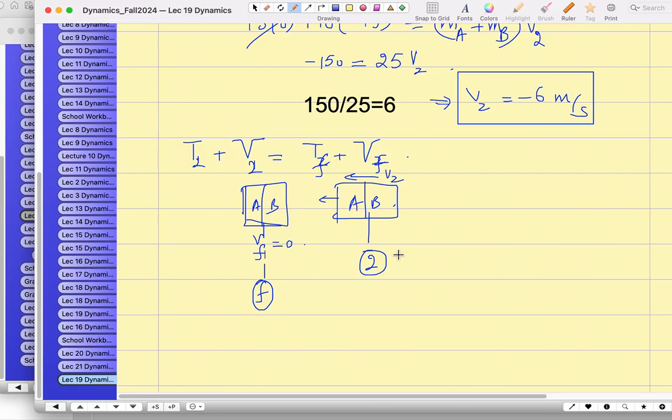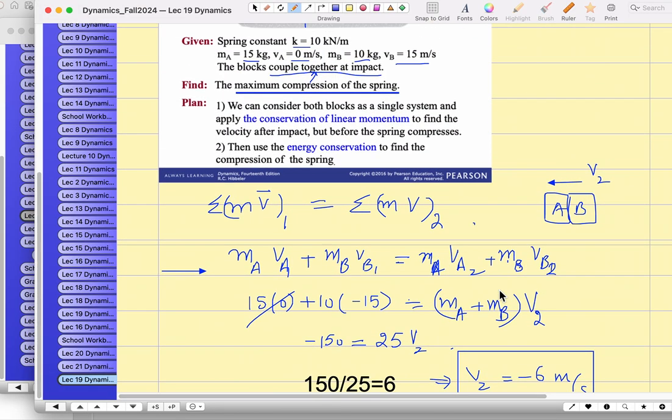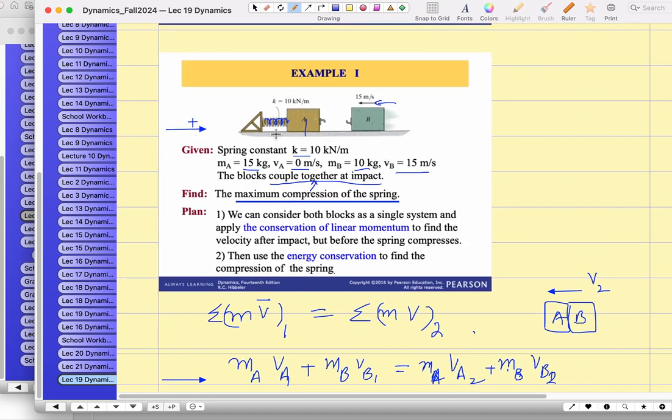Now when the blocks move, what is the kinetic energy? T2 stands for the kinetic energy of both blocks, so it is half times 25 times V2 squared. And what is the potential energy stored in the spring when it is just about to start its compression?